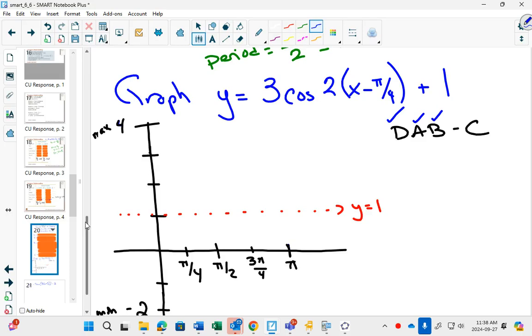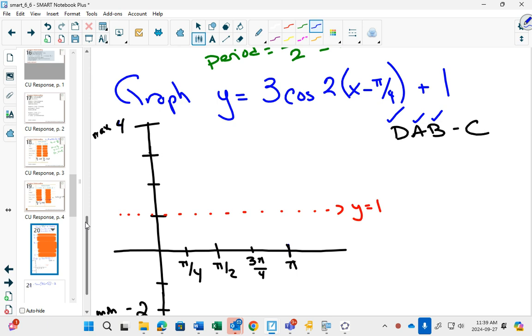So the B value is more work than the A and the D. Like the D, you just labeled your sinusoidal axis. Your A, you got your max and your minimum. Your B value, you have to find your period, label your period, divide it into 4 sections, and label all 4 sections. So the B value is a little bit more involved.